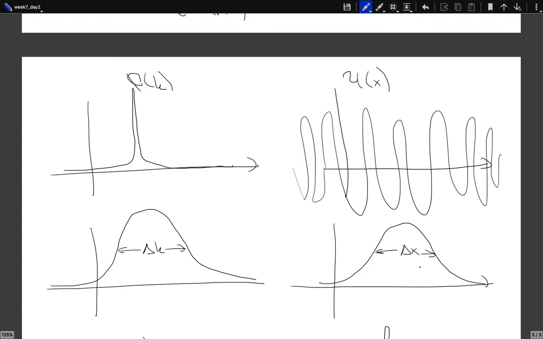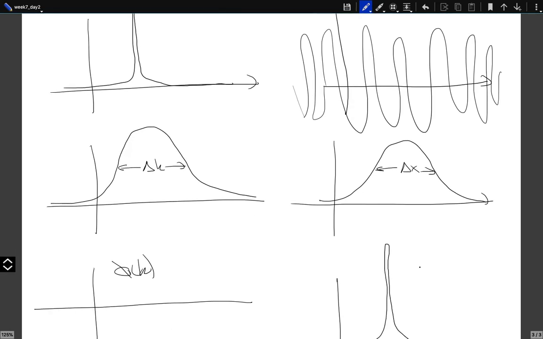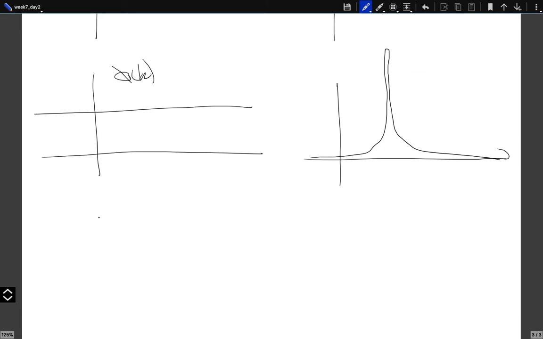If you measure the momentum of this exactly the same particle, or the wave vector of this particle, you will measure something in this range. You will not get a single value. You will get many values. And their product is always larger than or equal to 1/2.